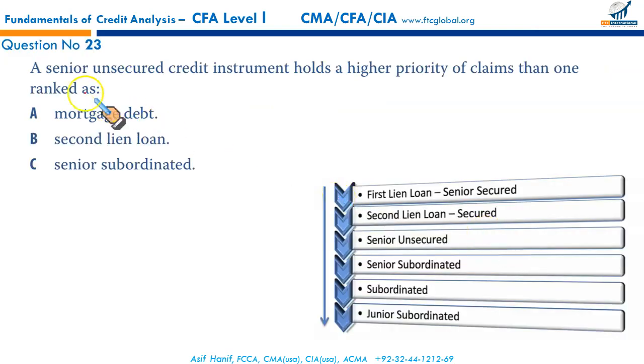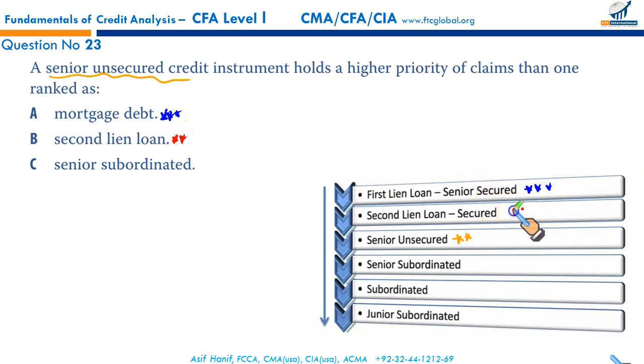Next, a senior unsecured credit instrument. Let us mark these so that we make fuller understanding where the location might be. A senior unsecured credit instrument in orange color. Here it is. It holds a higher priority claim than the mortgage debt. This is the mortgage debt here in blue. Second lien loan in red.